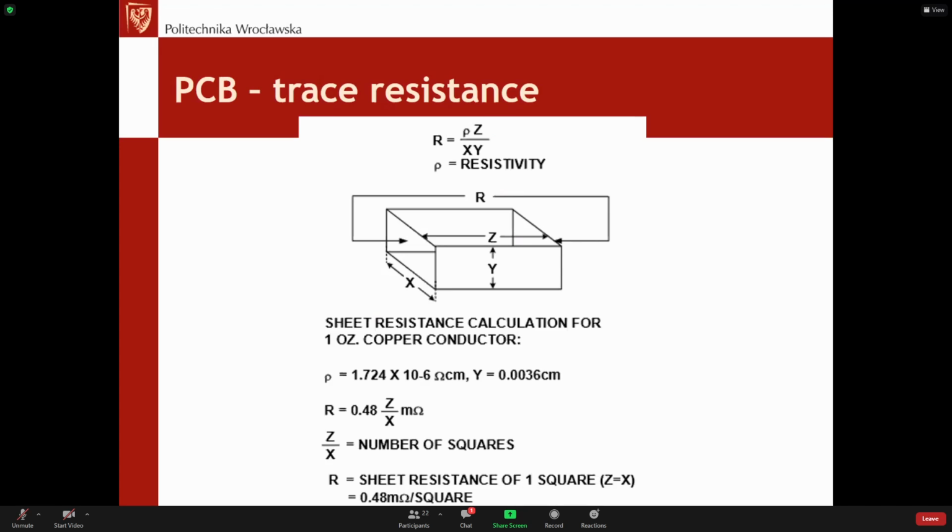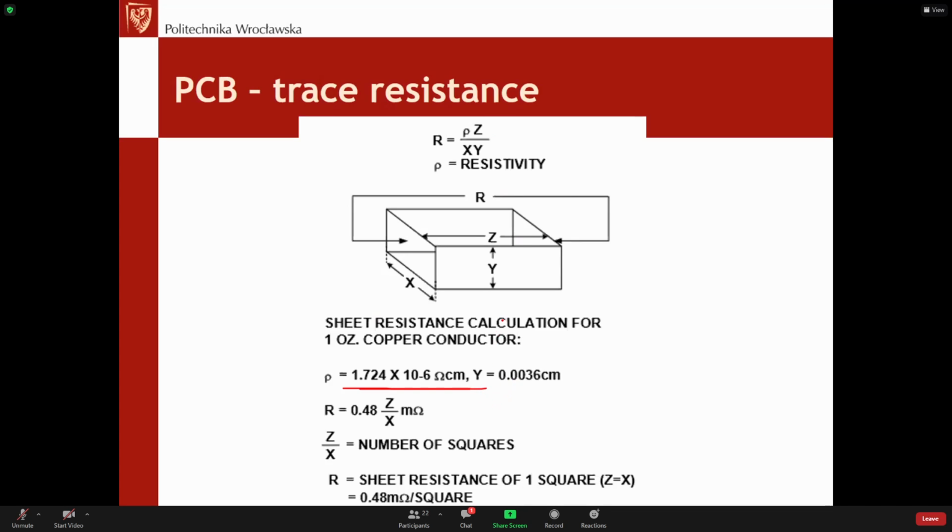We are using copper, which means that the resistivity is 1.724 micro-ohm per centimeter.